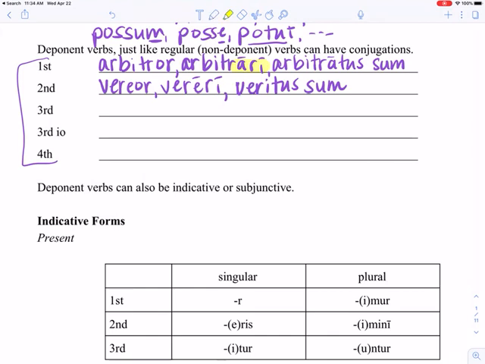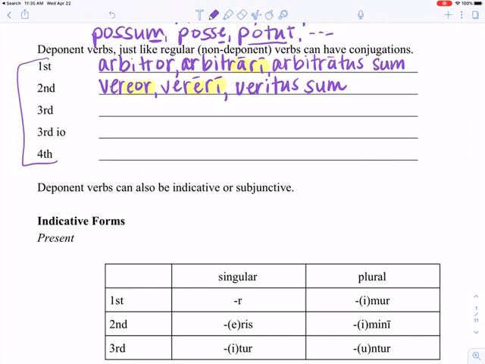Remember, our second conjugation verbs normally end in long -ere in the second principal part, and also the first principal part ends in -eo. Well, here you have -eor on the first principal part and -eri on the second principal part. So still very similar to our second conjugation verbs that are non-deponent.